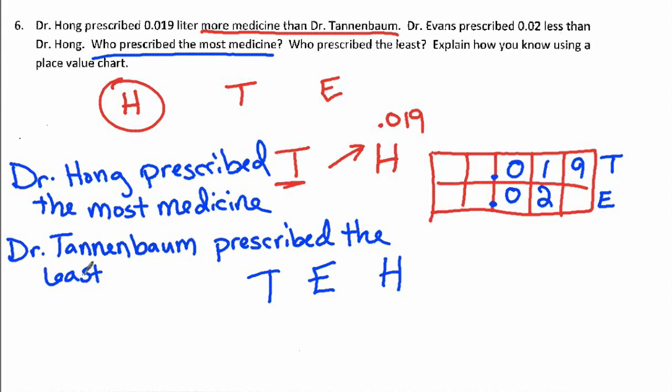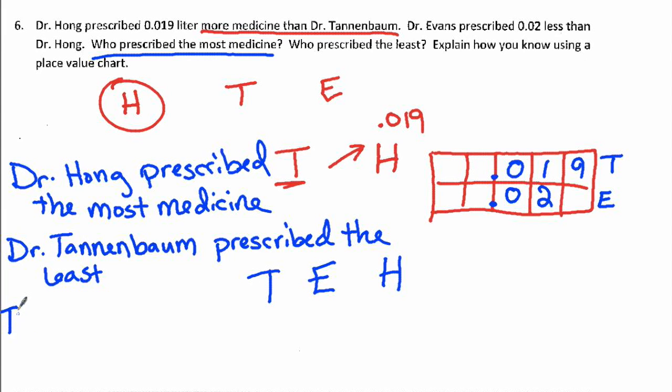Explain how you know. How did you know that Dr. Tannenbaum prescribed the least amount compared to Dr. Evans? And it told you that which number is greatest? Okay.